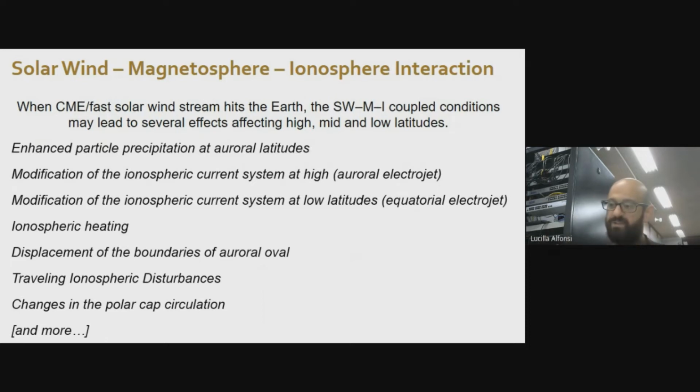And then we have these traveling ionospheric disturbances, a very important topic concerning the disturbances in the ionosphere that can induce a lot of effects on positioning and so on. And again, the changes in the polar cap circulation, so the auroral electrojet and the movement of the plasma inside the polar cap. These are only a few examples of how the solar wind and magnetosphere interact with the ionosphere, modifying its behavior.